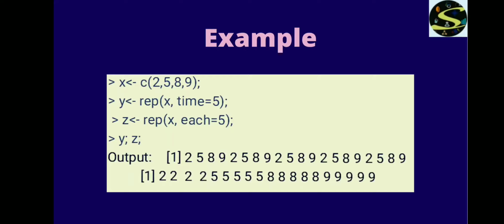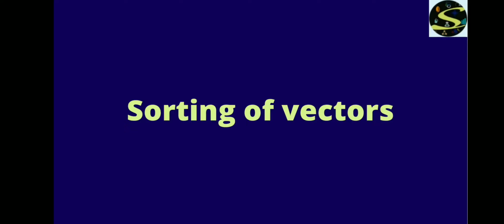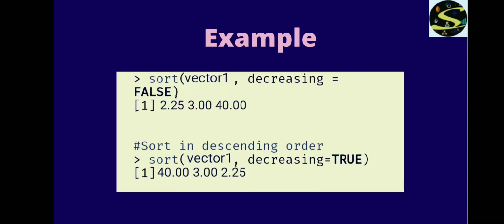Okay, now let's see how to sort the vectors in R. Vectors can be sorted in ascending order or descending order using the sort function. And here is an example. I took vector1 for sorting.